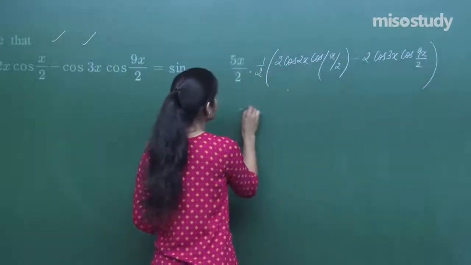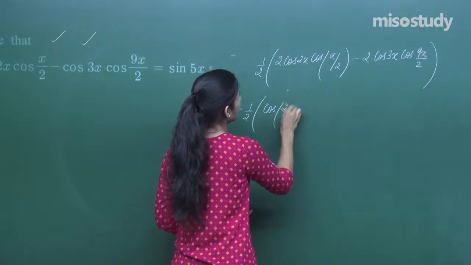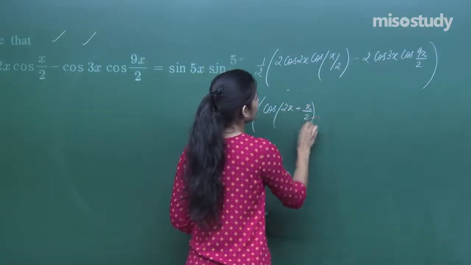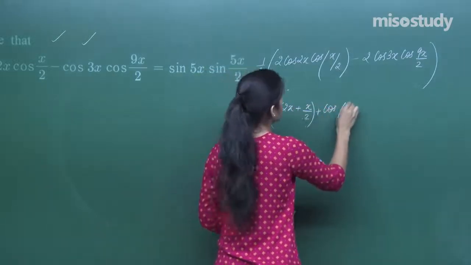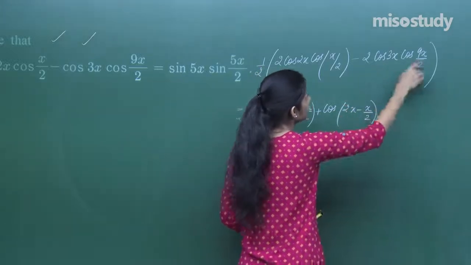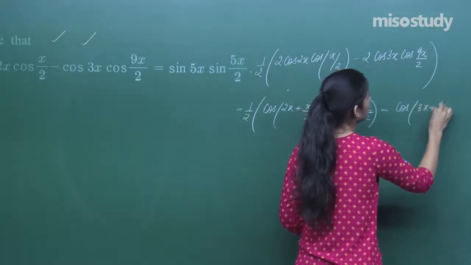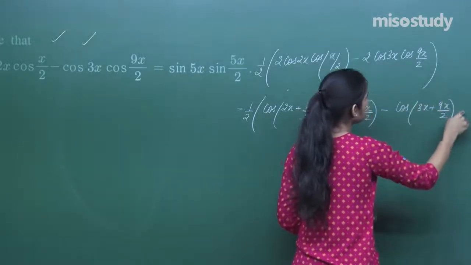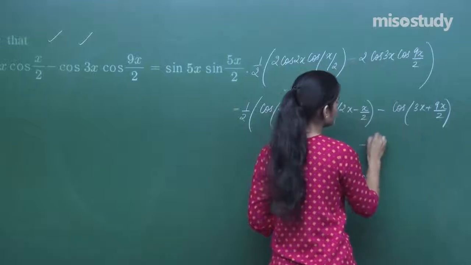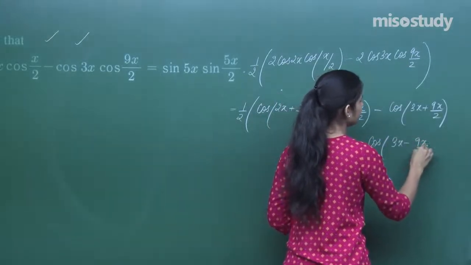So this is 2 cos A cos B, cos of A plus B plus cos of A minus B, minus cos of A plus B plus cos of A minus B, but because of this minus sign it will be cos of A minus B.